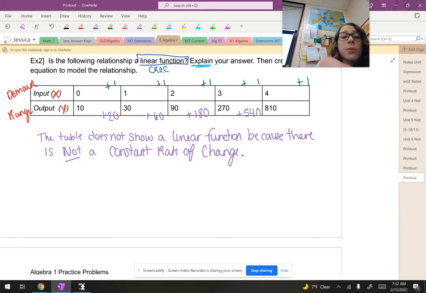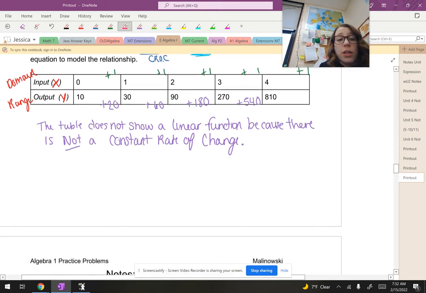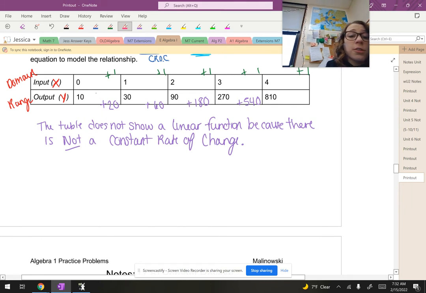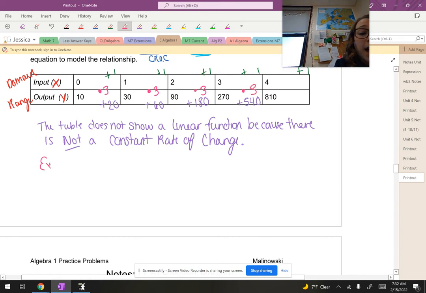If we look at the other direction, the way I can get from 10 to 30 is by multiplying by 3. 30 to 90, times 3. 90 to 270, times 3. 270 to 810, times 3. That tells me this is an exponential relationship.